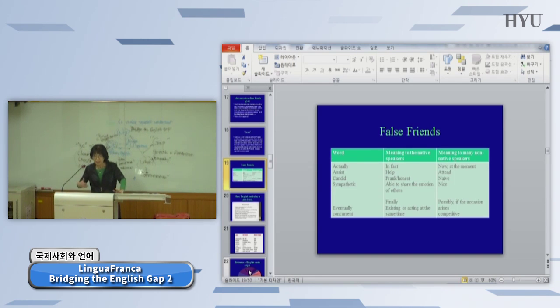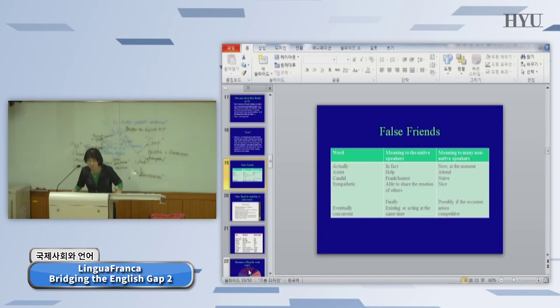So you see on your left side there, these are the words: actually, assist, candid, sympathetic, eventually, and concurrent. These words can be found among native speakers, and also among many different non-native speakers. For example, actually means "in fact" to native speakers, but it means "now" or "at the moment" to many non-native speakers.